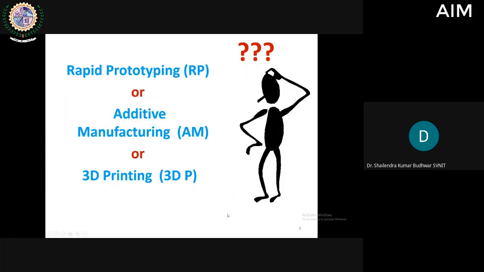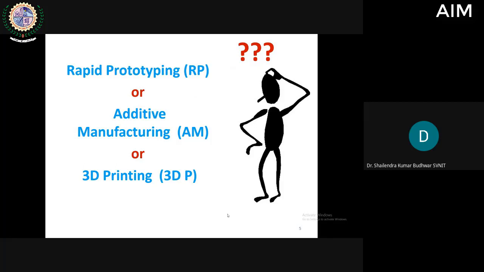Now, sometimes we call it rapid prototyping, sometimes additive manufacturing, and sometimes 3D printing. So do you think all these three are the same or different? Actually, all these terms stand for the same thing.